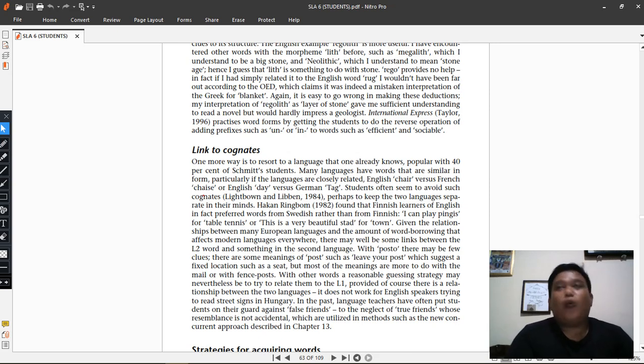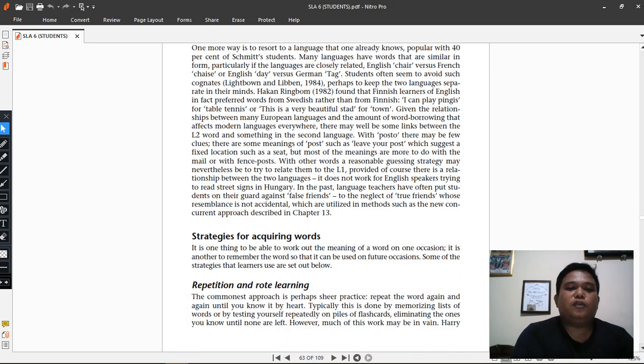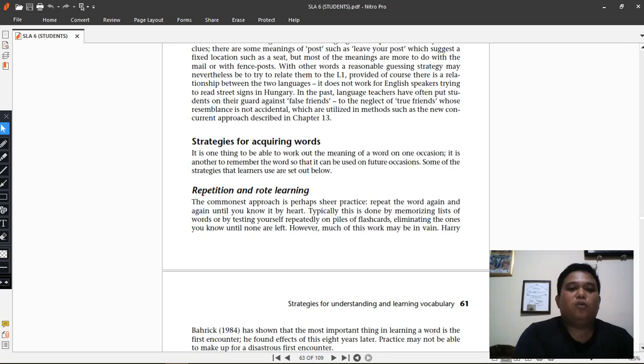In Indonesian you also name them wire and also kabel. So it's almost the same, right? Wire and wire, kabel and cable. So this is linked to cognates. You can find other examples like guitar and guitar. There are so many.